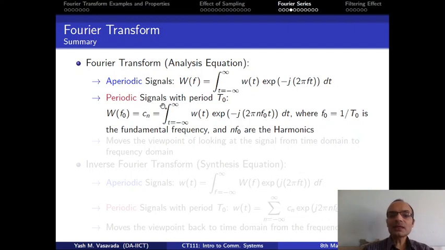And the third one is that we need to do 1 over t naught here. We need to divide the integral evaluated over a period of t naught seconds by t naught. So there are multiple mistakes in this equation. Please keep that in mind. In the revised version, I will correct these mistakes.